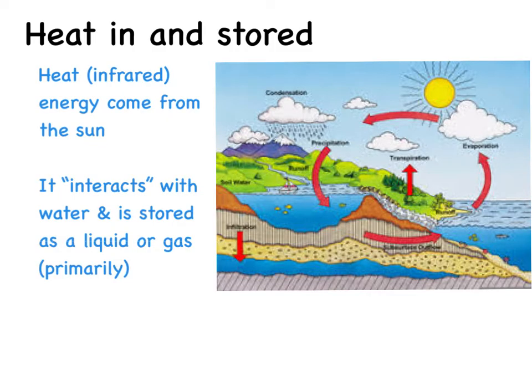Right. We know that each day infrared or heat or thermal energy comes from the sun. And we've already seen that about half of it reaches the Earth's surface and interacts with the ground and the water. All right, so this drives this whole process.